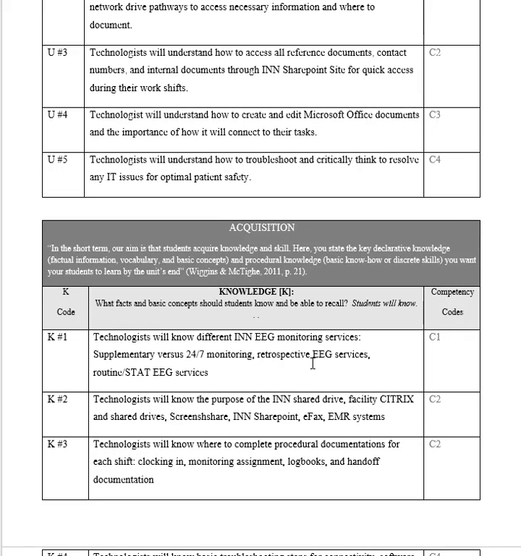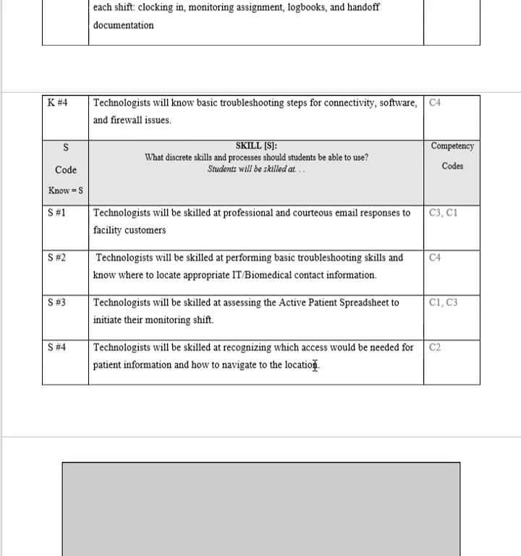Now we're going to go to your acquisition section. Your acquisition section is going more into your knowledge and your skills, which is the factual information that our students need to know. These will be our basic concepts that are listed, and again, you can list those with knowledge codes, K on the left-hand column and C on the right for the competency codes that they're correlating with.